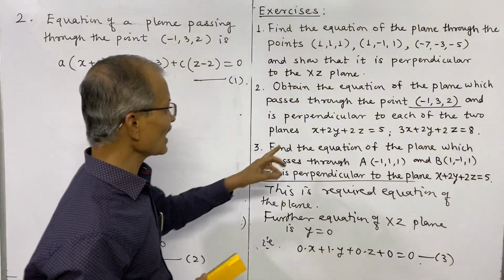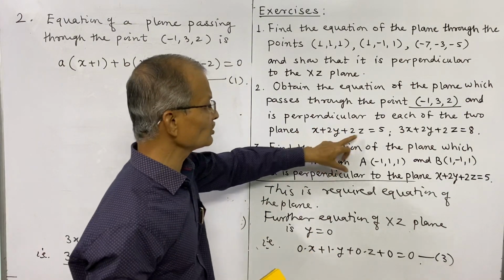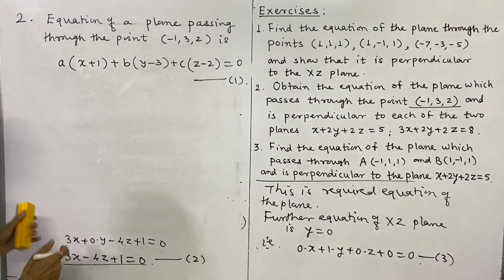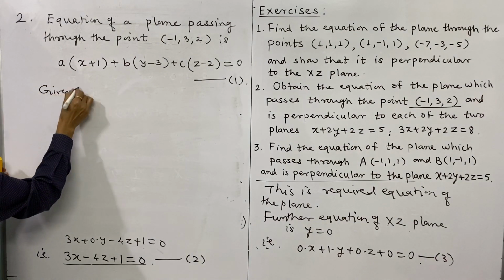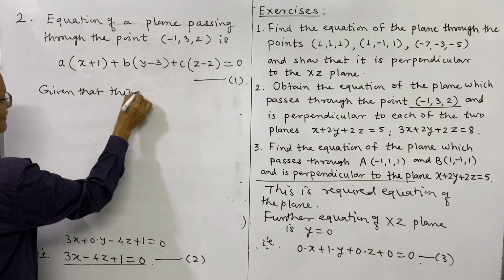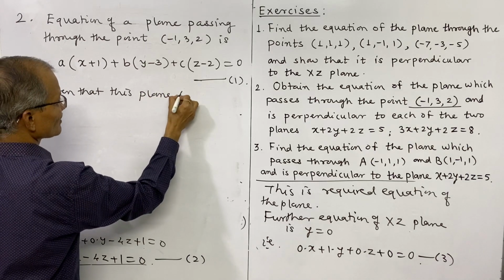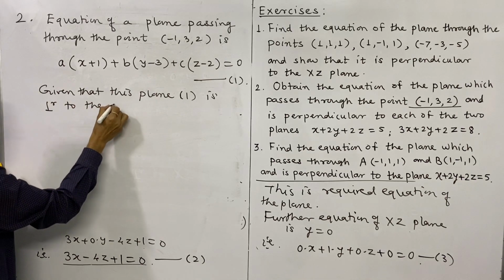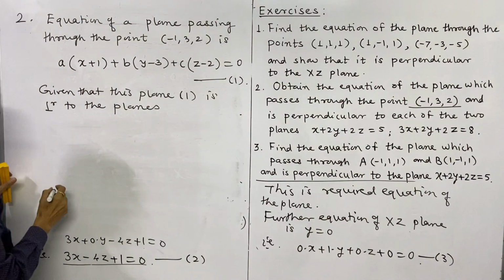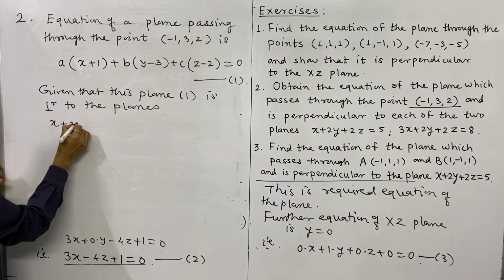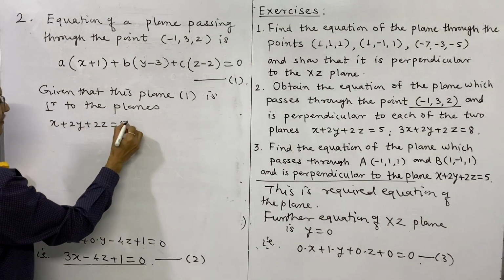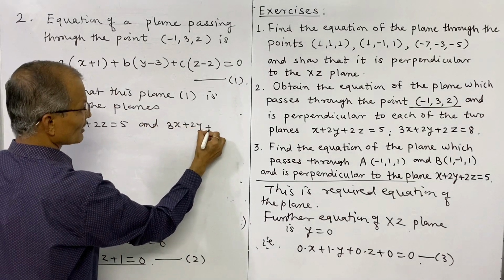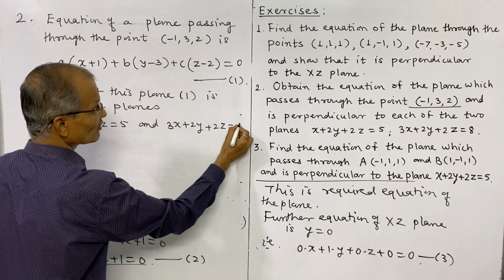Now what further conditions are given? This plane is perpendicular to each of the planes. So we use the condition of perpendicularity. Given that this plane 1 is perpendicular to the planes x plus 2y plus 2z is equal to 5, and the next is 3x plus 2y plus 2z is equal to 8.